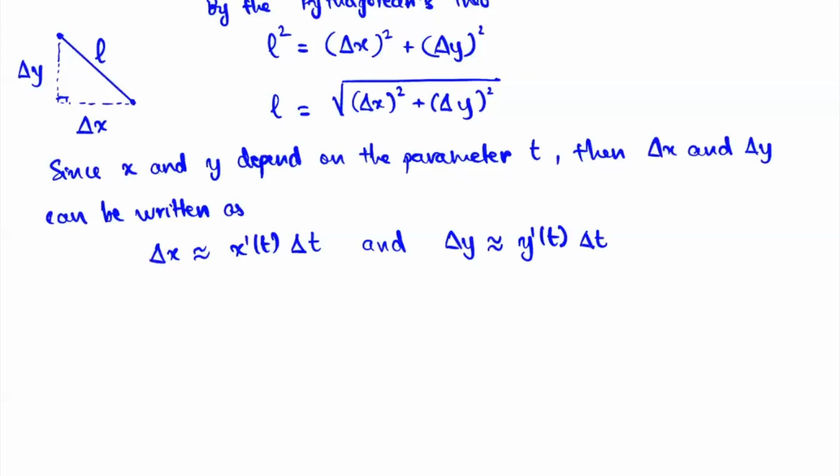So from this formula, L equals the square root of delta x squared plus delta y squared, what I'm going to do is substitute delta x by this formula, then delta y by this formula.